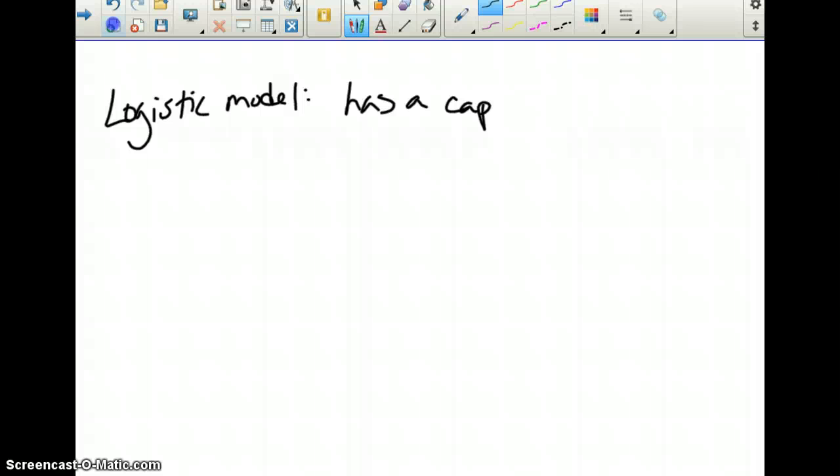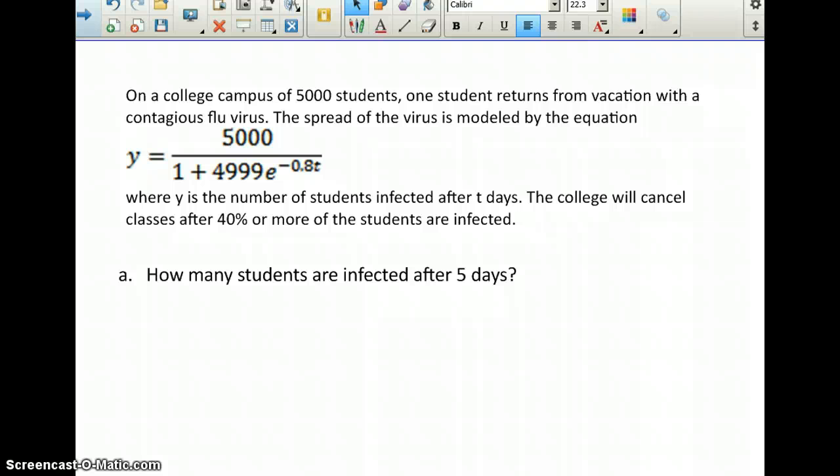So, here's our example. On a college campus of 5,000 students, one student returns from vacation with a contagious flu virus, and the spread of the virus is modeled by this equation. Notice, the top number is 5,000. That is our constraint.